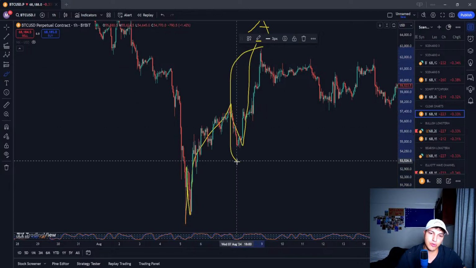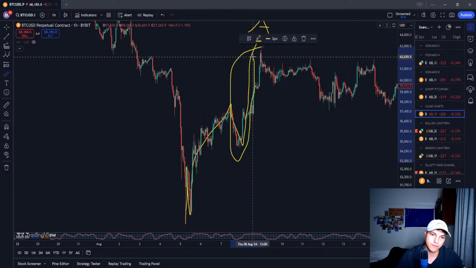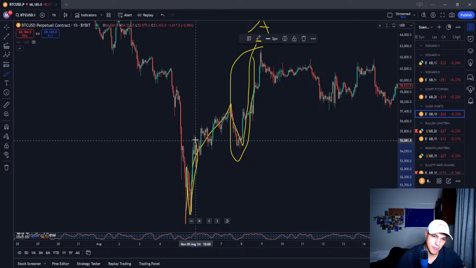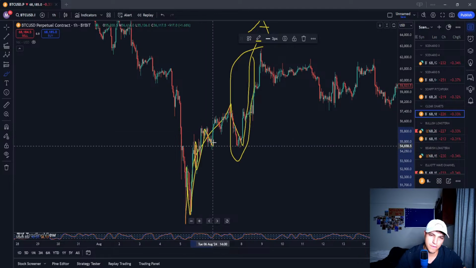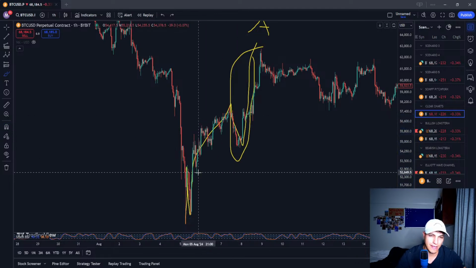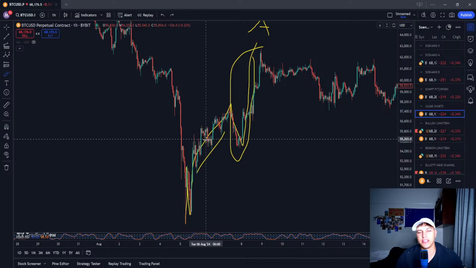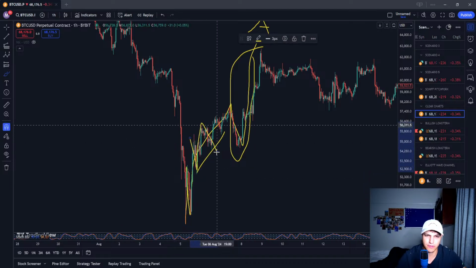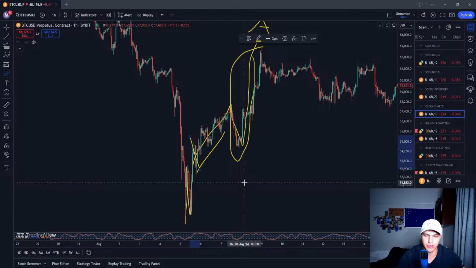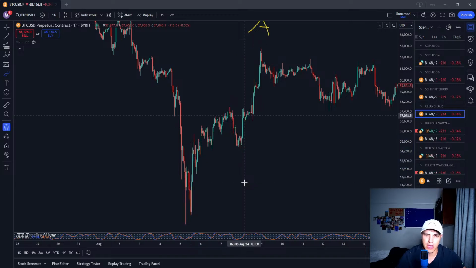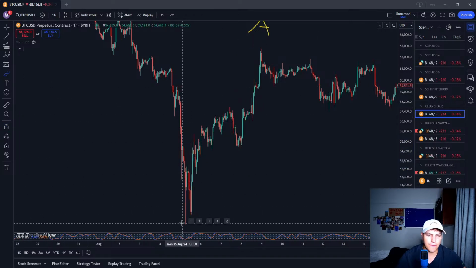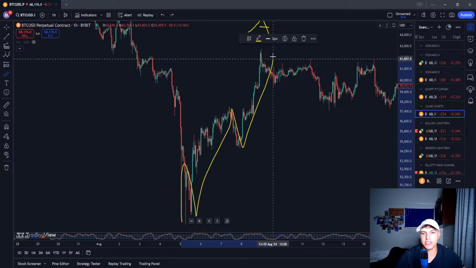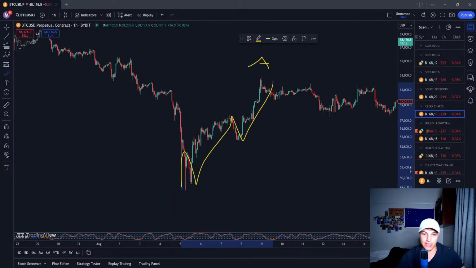Very expanded 5th wave. Ending diagonal in 3 does not look good, as these are very sharp corrections up and down. This is too sharp. It's very sharp. But yeah, let's give you the benefit of the doubt that this is 5 waves. Cool. I don't like that 5 wave move.